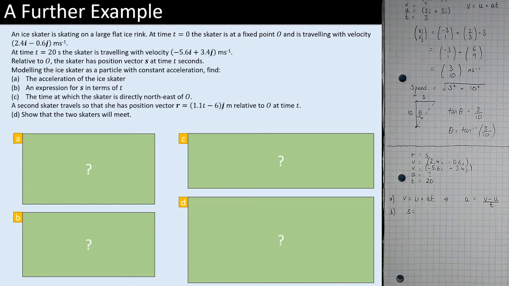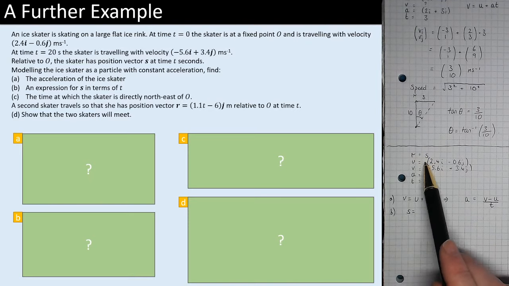Now, if we think about our SUVAT equations from before we'd started doing all the vector stuff, we had v equals u plus at, which doesn't involve position at all. We had v squared minus u squared equals 2as, but we're not allowed to square vectors, so we can't use that one.